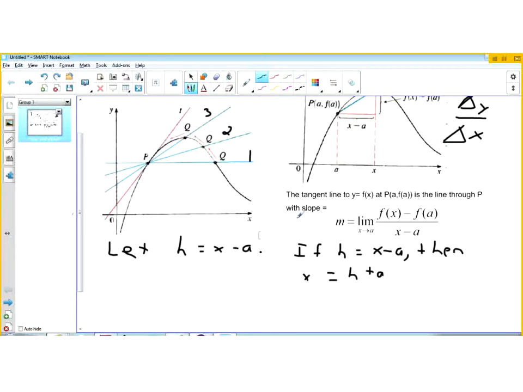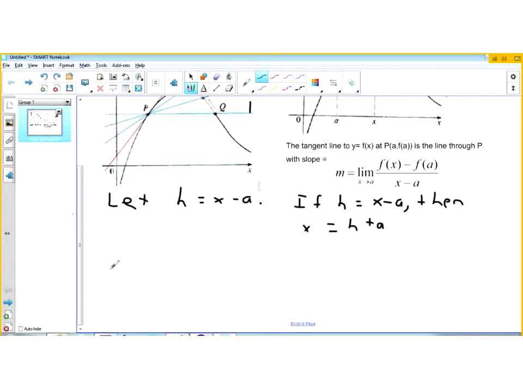And so I'm going to make these substitutions into the equation of the slope of the secant line. So the slope of the secant line would equal, in this case, it would be the slope of the tangent line without the limit.